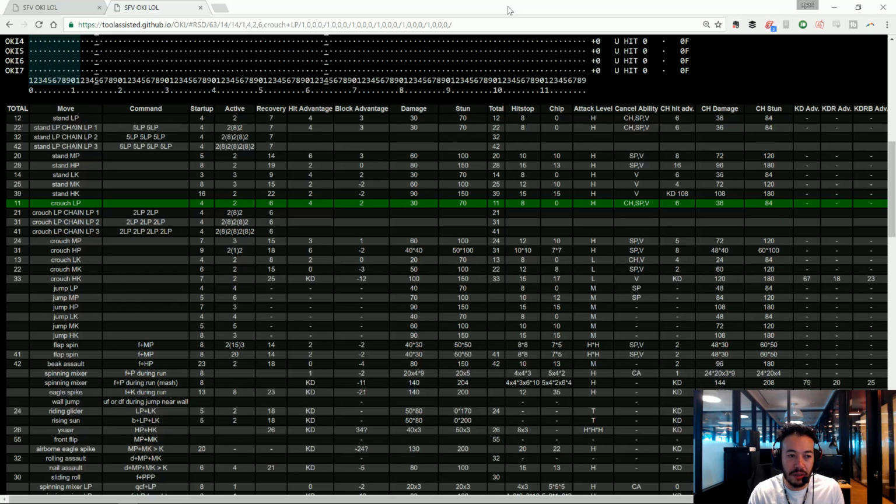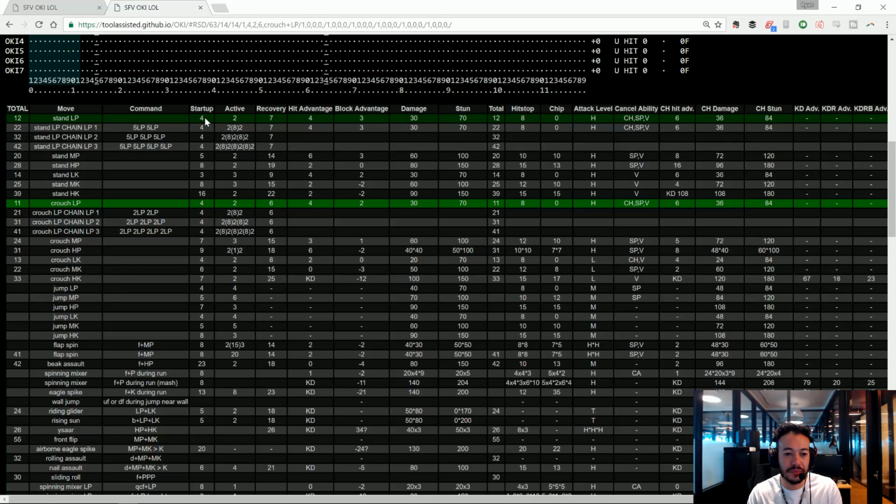So we can look at Rashid's other normals and see what he has that starts up in 5 frames, and then start to condition the opponent to expect a throw and instead go for the 5 frame attack.